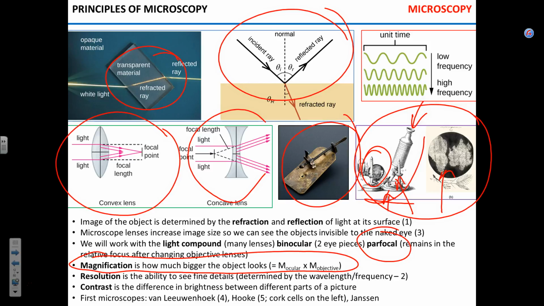Eyepiece has magnification of 10. Okay, so what's going to be maximum magnification of the whole microscope that you can achieve? 1,000, right? 10, a maximum objective is 100, so 1,000. It's why I focus so much on that.